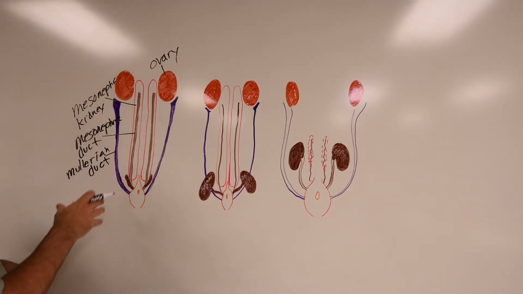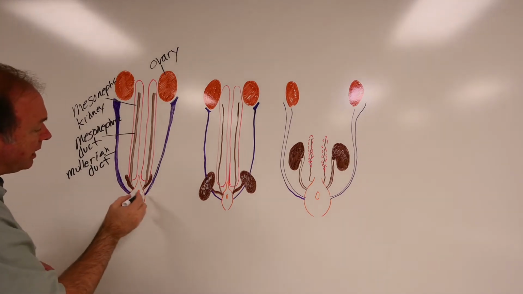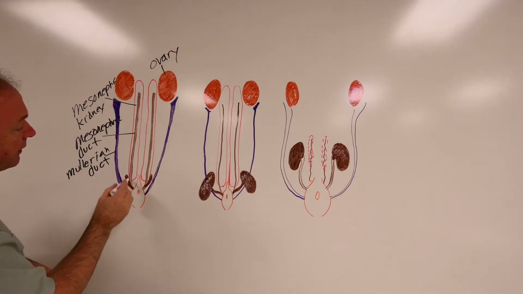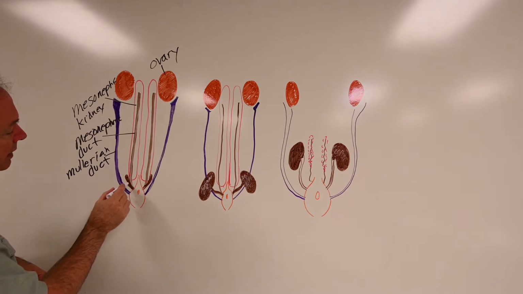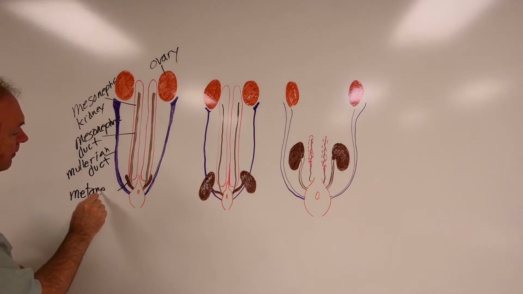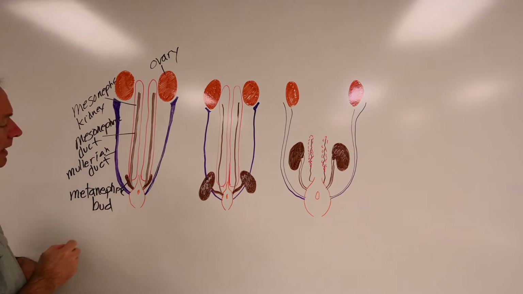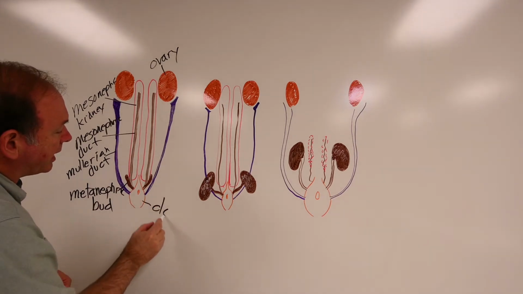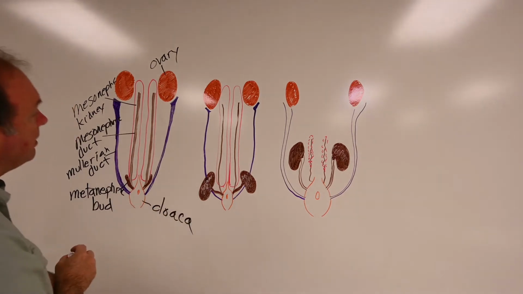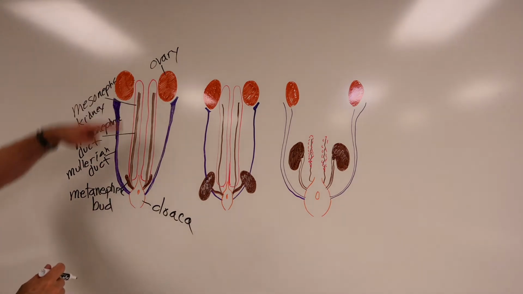All those things were in the prior illustrations we saw. Down here we have these little outgrowths from the lower portion of the mesonephric duct in dark brown. This is going to be called a metanephric bud, and of course this is still cloaca down here. So that accounts for most of this illustration.